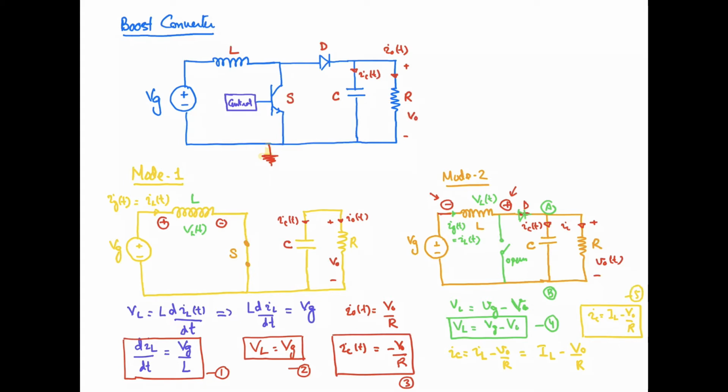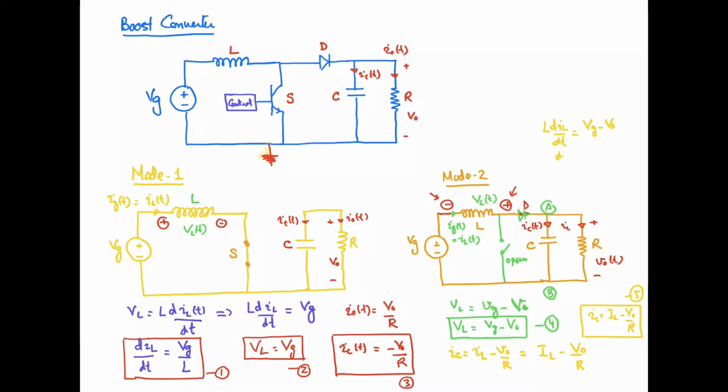Okay, now what about the inductor current? Let's look at the equation of the inductor voltage. For the second mode of operation, I can say that the inductor voltage, L dIL by dt, should be equal to Vg minus V0, right?